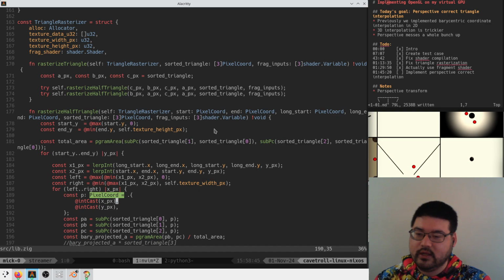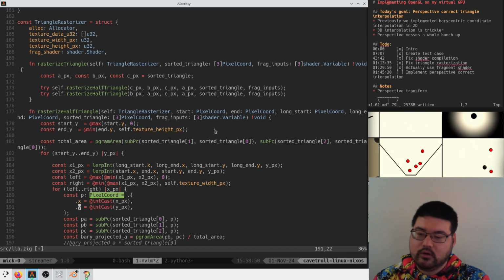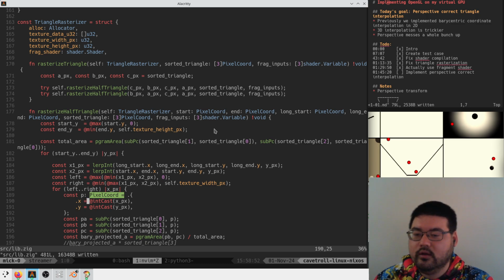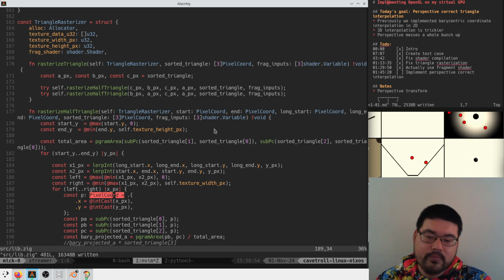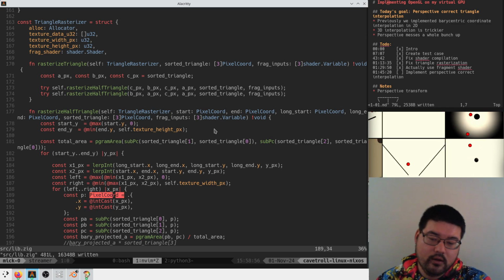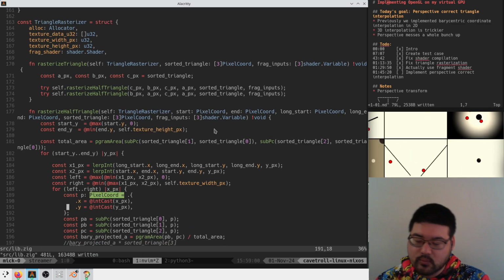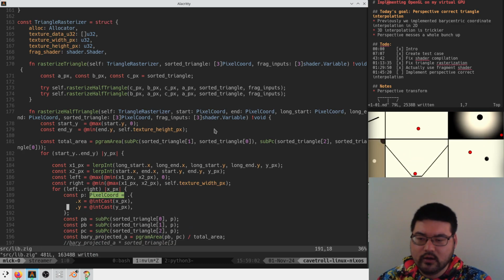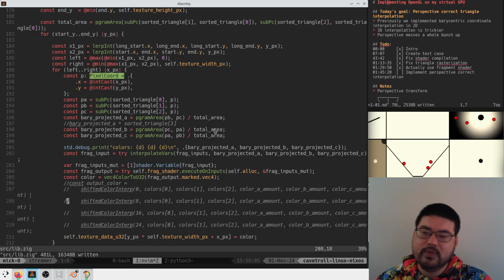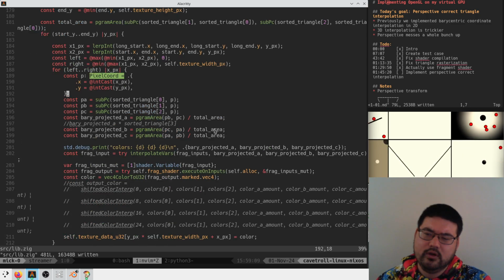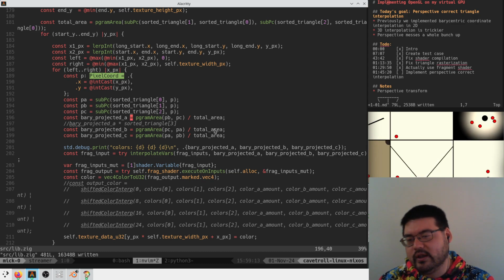Okay, 190, he's mad at... We have x and y here, but we are missing z and w. So where do these come from? We're interpolating x and y, which means that the z value is what here?